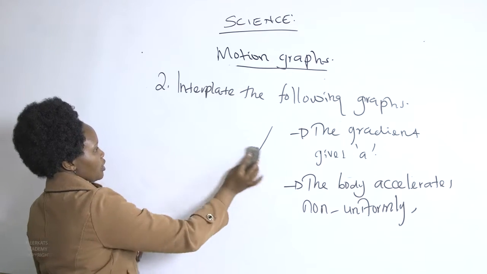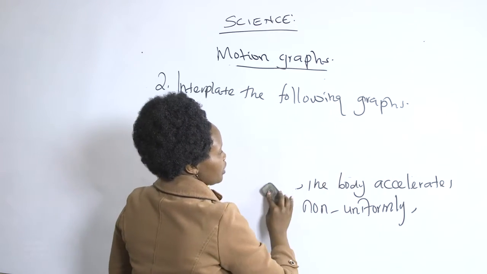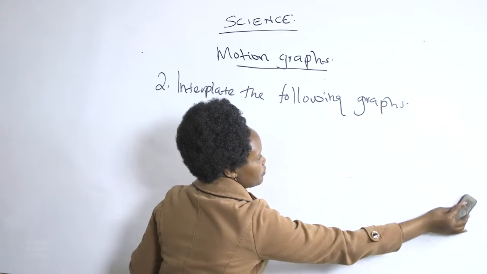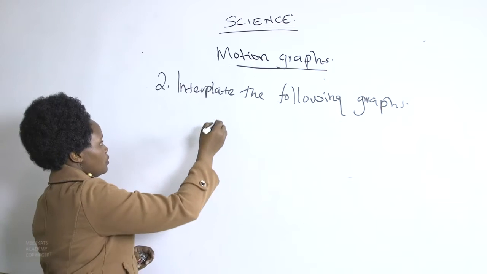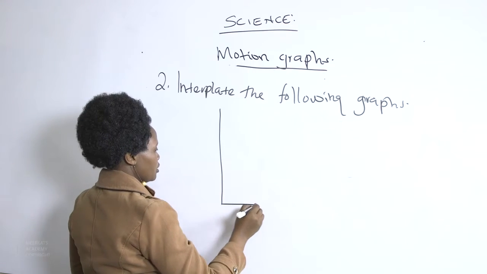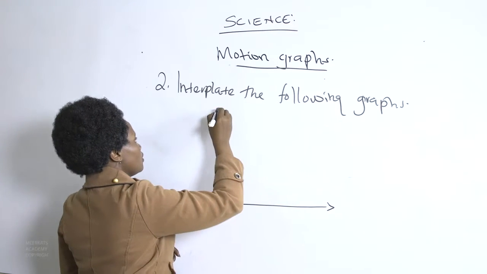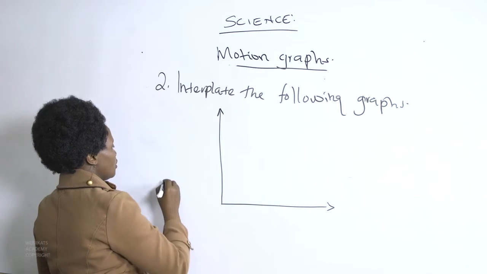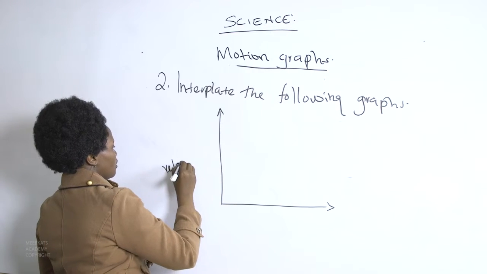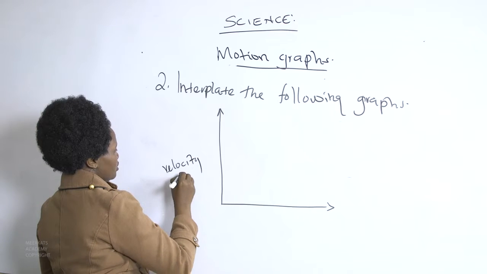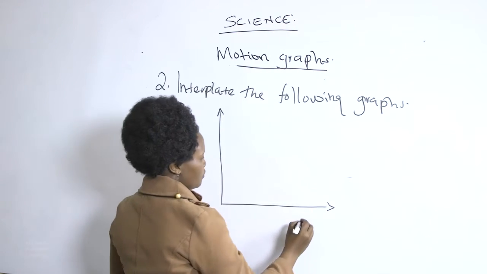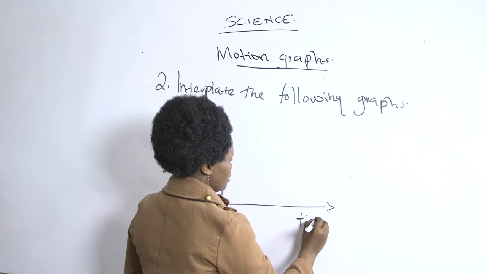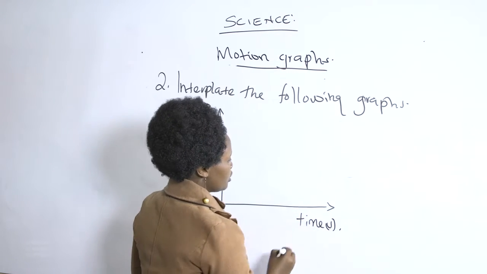Let us consider another graph. We try and interpret it. It's also a velocity time graph.